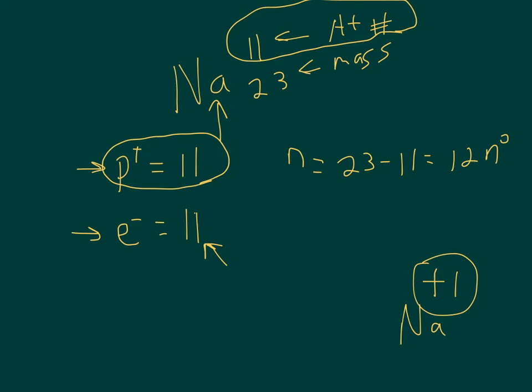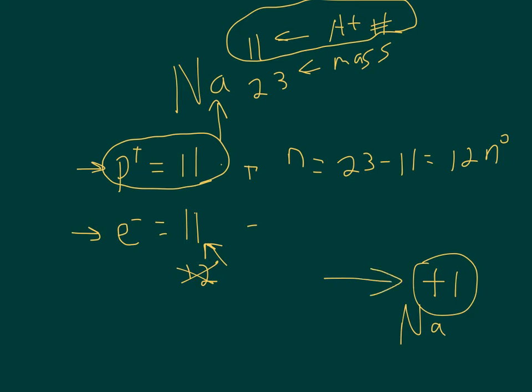Let's say we added an electron. If we change that to 12, we would then have 11 positive charges and 12 negative charges. That would be an extra negative charge. That's not what we want, because we want a net positive one, not a net negative one.